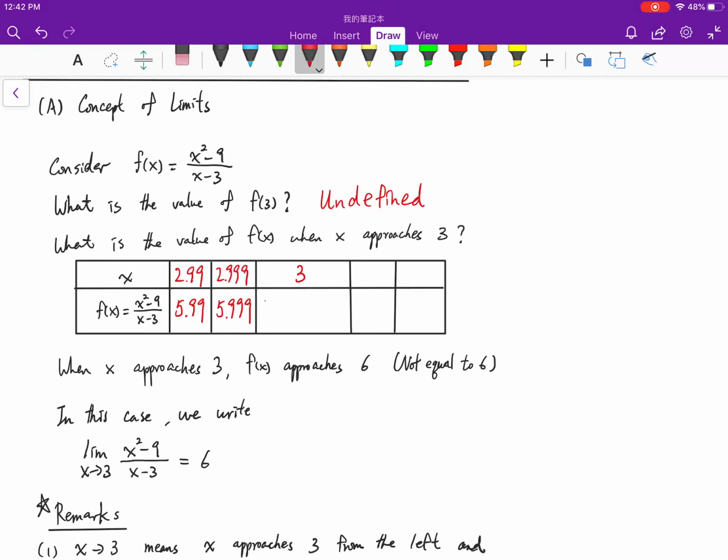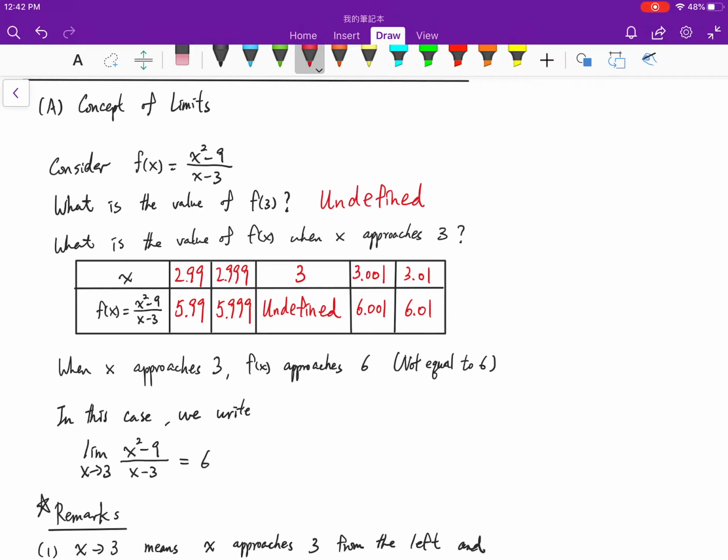Then when x is 3, we already know that it is undefined. How about if it is bigger than 3 a little bit, which is 3.001? Then you still can find the value. Similarly, you get this.